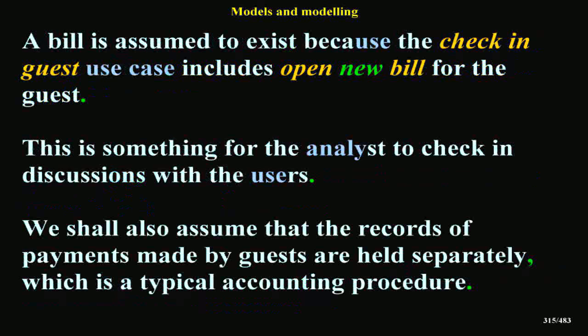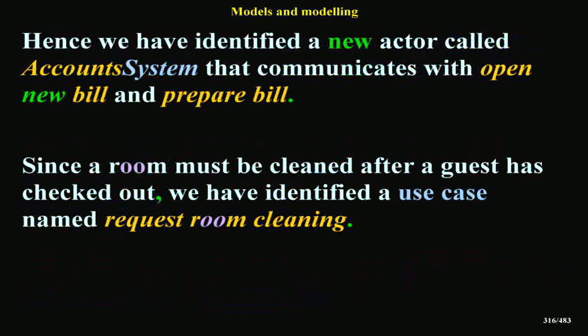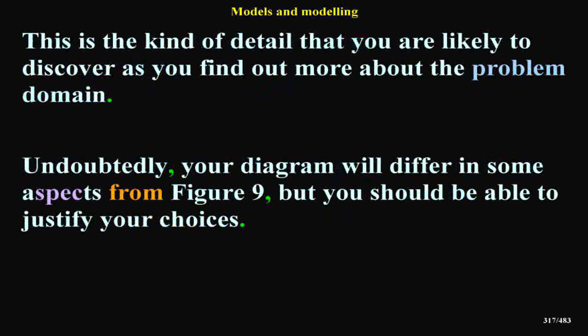We shall also assume that the records of payments made by guests are held separately, which is a typical accounting procedure. Hence we have identified a new actor called account system that communicates with open new bill and prepare bill. Since a room must be cleaned after a guest has checked out, we have identified a use case named request room cleaning. This is the kind of detail that you are likely to discover as you find out more about the problem domain.